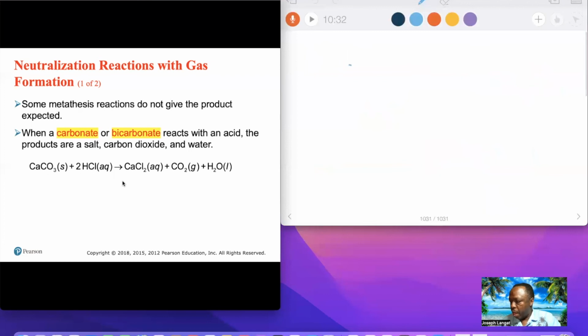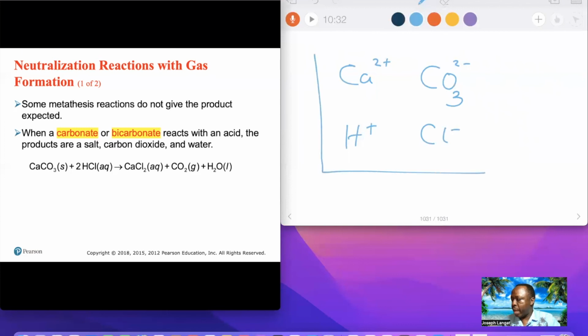If you have calcium from the first reagent, calcium and carbonate ion, hydrogen ion, and chloride ion, if this is the reaction vessel, we expect this to form calcium chloride, which is what we have here. Now, look at this. If this combines with that, you expect to have carbonic acid, right? But it's unstable.